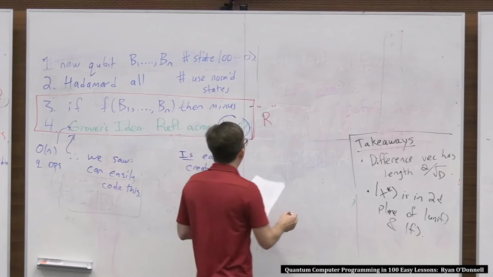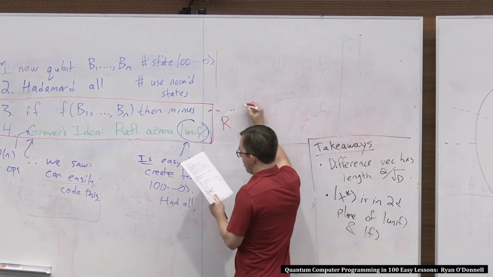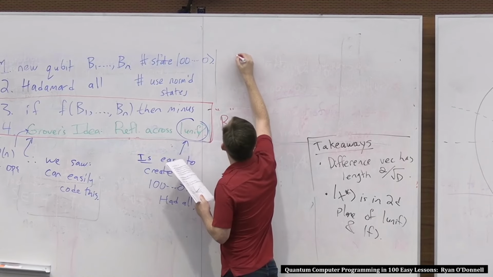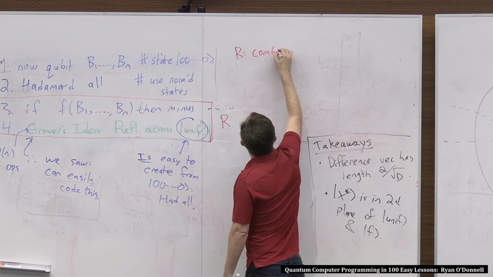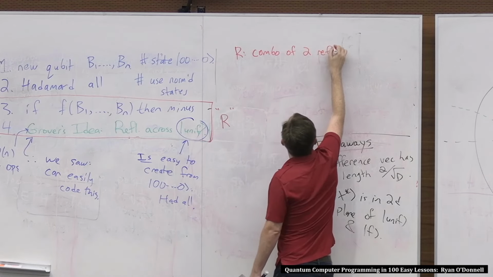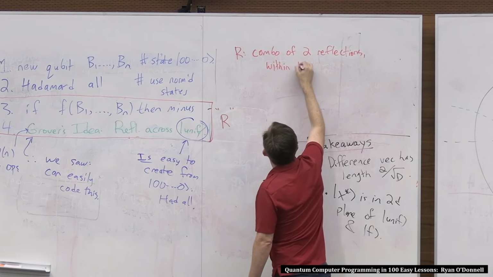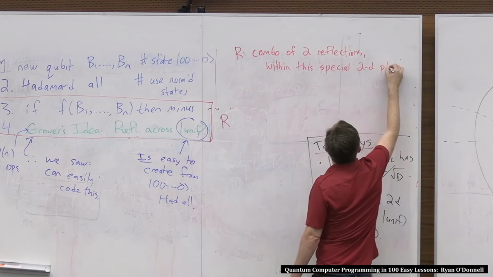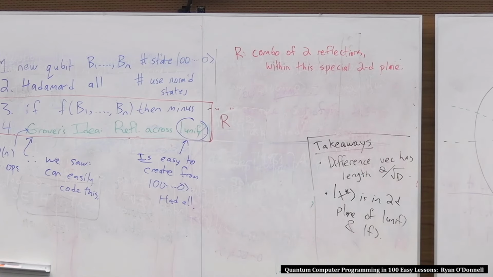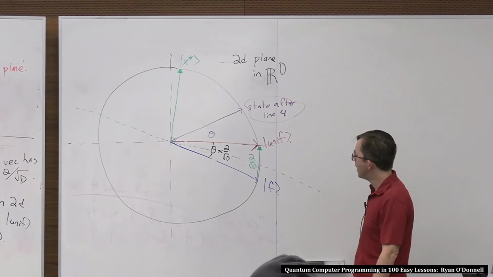And R is a combo of two reflections, at least within this two-dimensional plane. Actually, remember, it's reflections of a different type. The first one is reflection through the d minus one-dimensional plane, which intersects the board on this green dashed line.